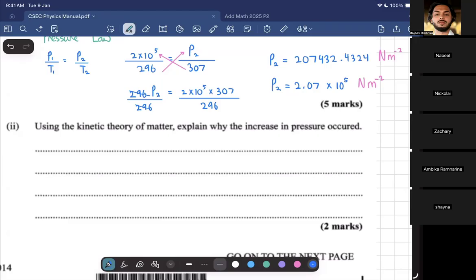The increase in pressure would occur because... You want to be very concise in our answer. They're asking us to explain why the increase in pressure occurred.